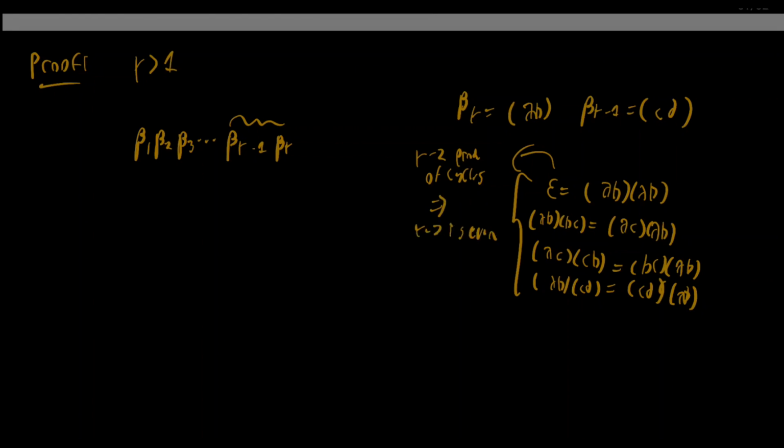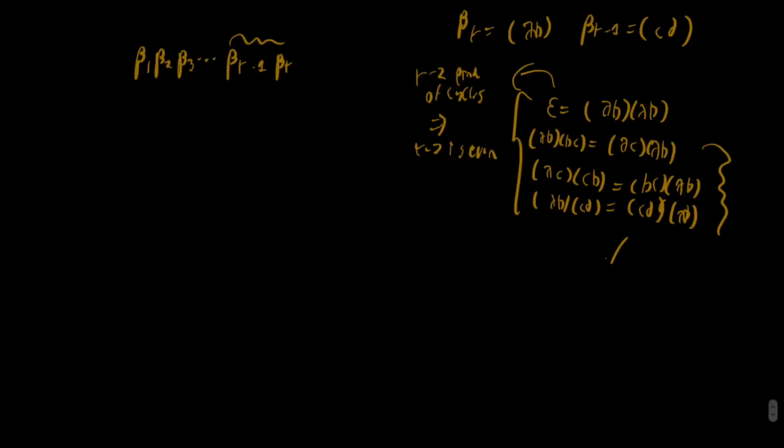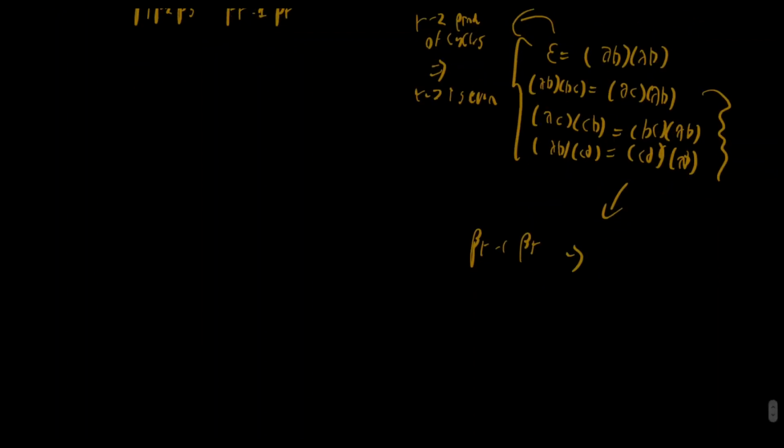But if that is not the case, so in one of these three cases, then what we do is we replace BR minus 1 times BR with the representation of that product of two cycles on the left, in such a way that the rightmost appearance of the element A is in BR minus 1 and not in BR anymore.